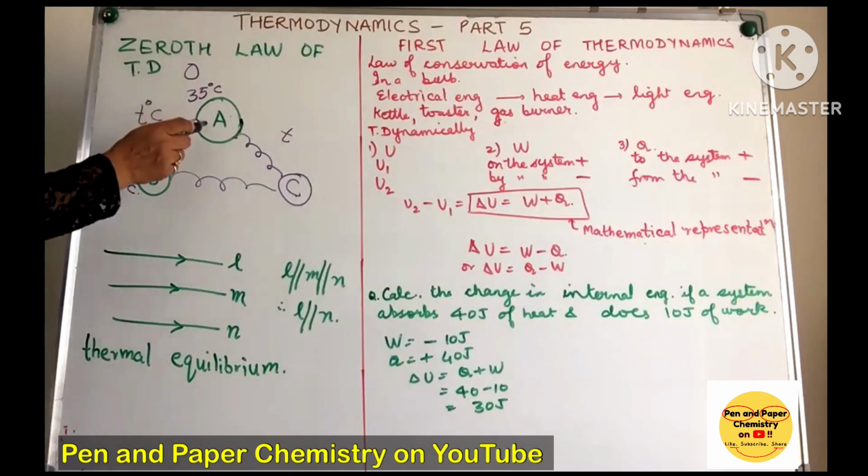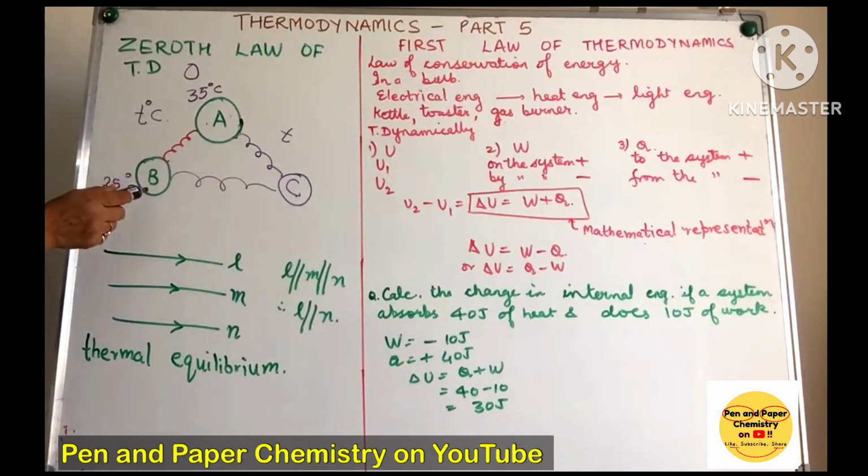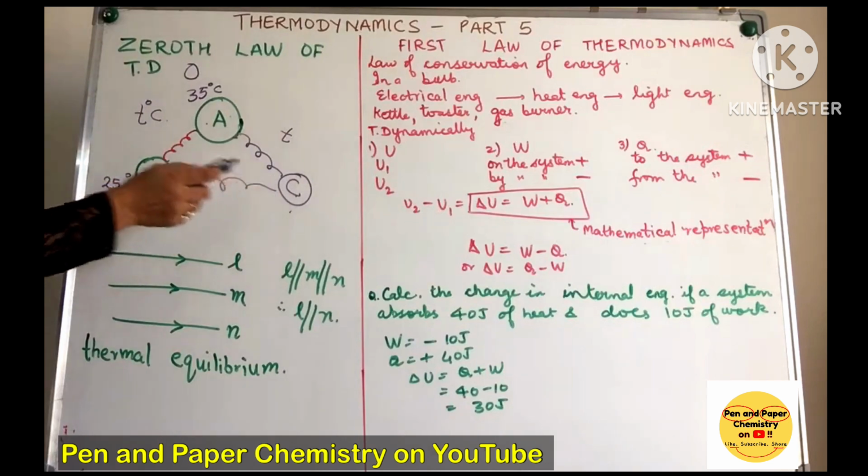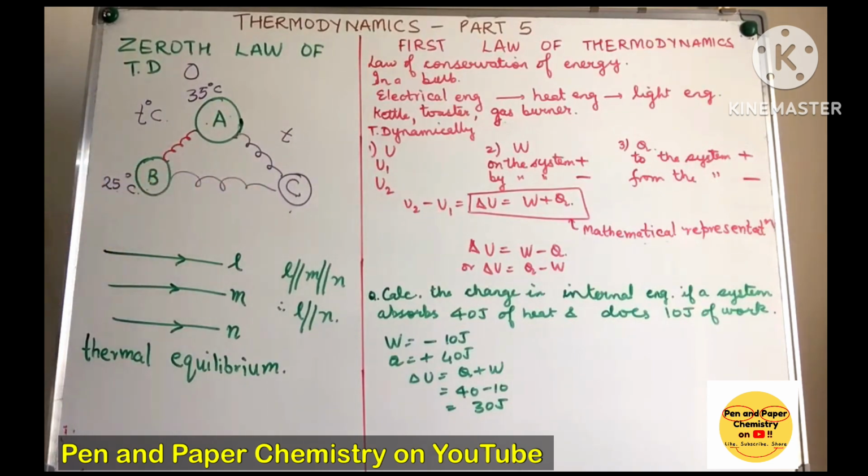In other words, if body A is in thermal equilibrium with two other bodies, then those two bodies are also in thermal equilibrium with one another. In other words, the heat continues to flow, but the temperature now remains constant.